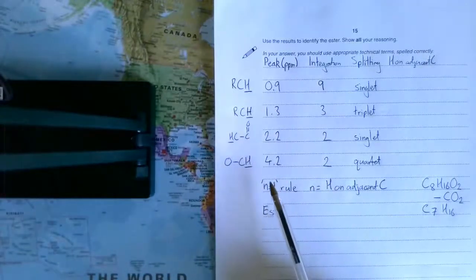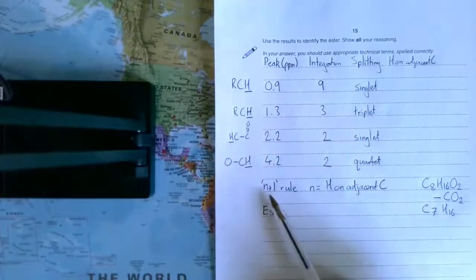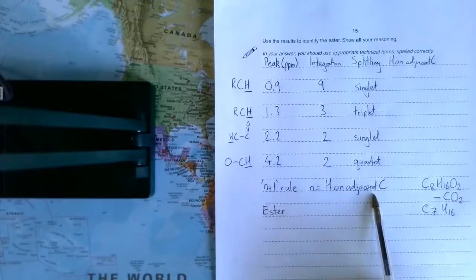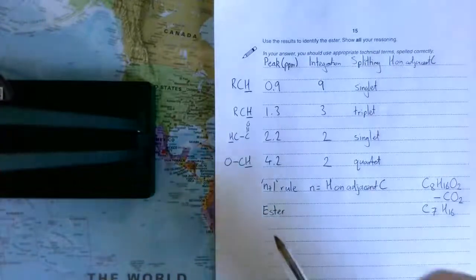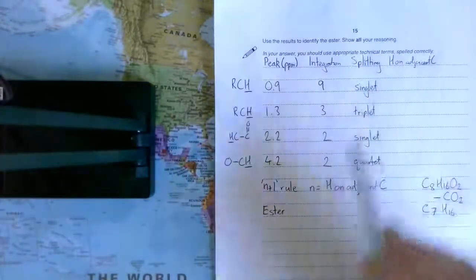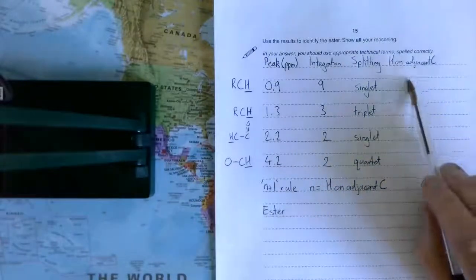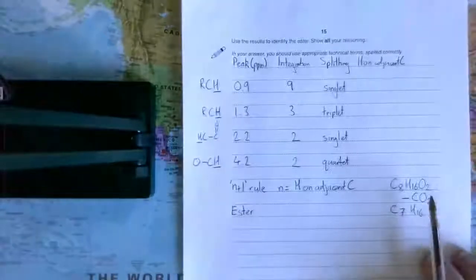The next thing that I'm going to look at is the splitting pattern. This is the N+1 rule. N is the number of hydrogens on an adjacent carbon. So the integration tells you about how many are in the particular environment, and the splitting tells you what it is next to. I'm going to go through this just to get the information, and I'll show you how you can put these two pieces of information together.